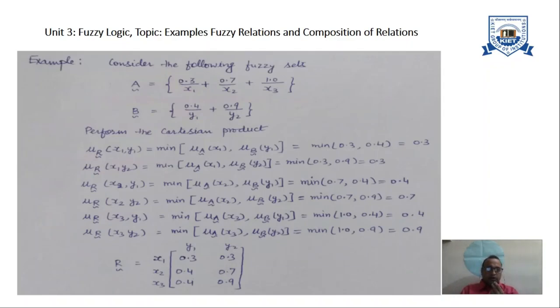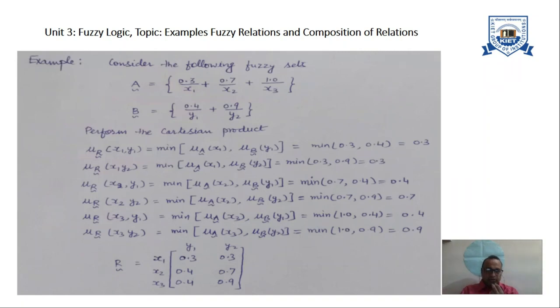Now here our objective is to find a relationship between fuzzy set A and fuzzy set B. Students, I would like to recall the very important basic concept of the fuzzy relation: all the elements of one universe of discourse are related to all the elements of another universe of discourse up to some constant, or they are not related at all.